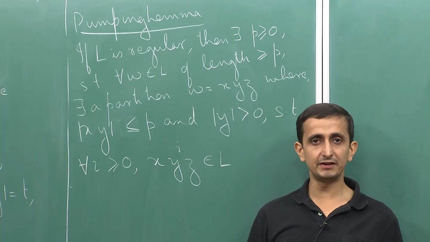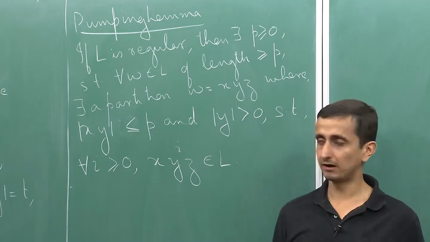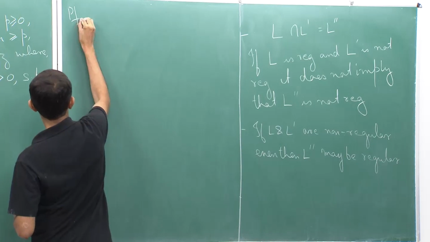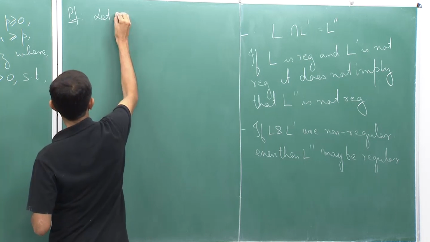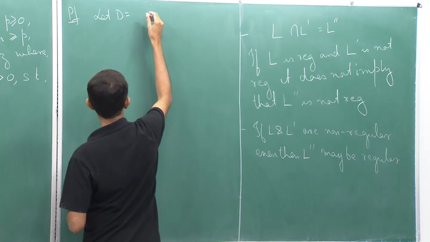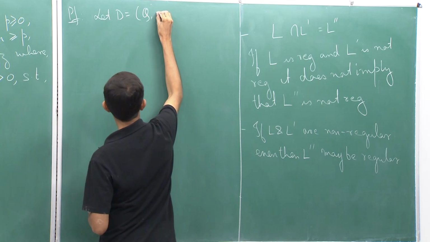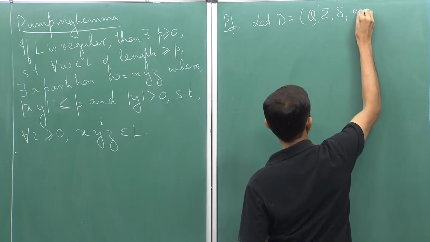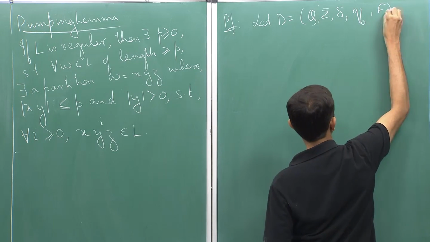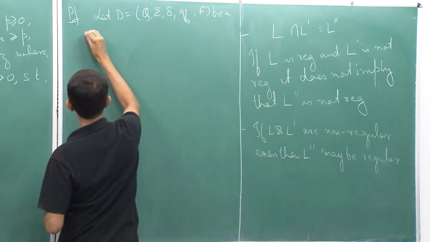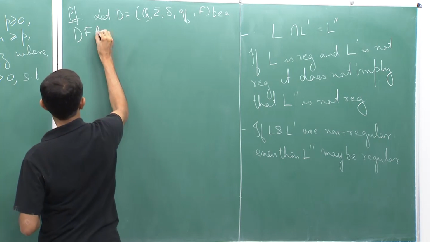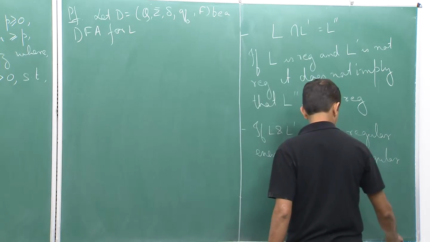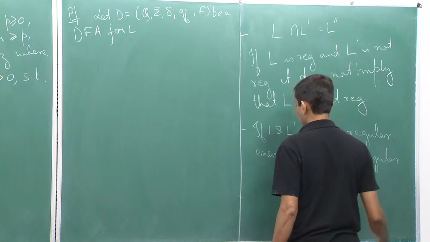By definition, there exists a DFA for L. So, this is our proof: let D equal to (Q, sigma, delta, q0, F) be a DFA for L.